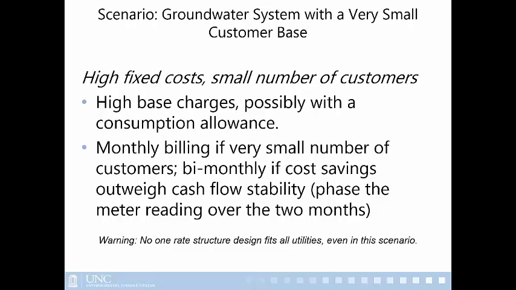And I don't have a slide in here, but for groundwater systems, typically what we see is 90% or 95% of the costs might be fixed costs for the system, but revenues from the base charges typically are somewhere between 20 and 25%. So to balance that out a little bit more, you would have higher base charges, so that you generate more from your fixed revenues.